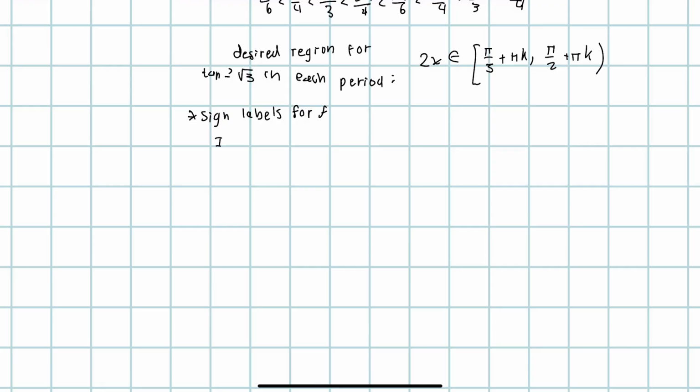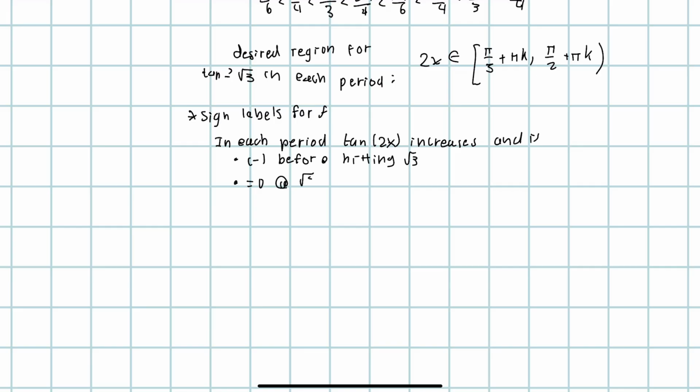So in each period, tan of 2x increases and is negative before hitting root of 3, is equal to 0 at root of 3, and is positive after, meaning f is going to be greater than 0 until the asymptote.